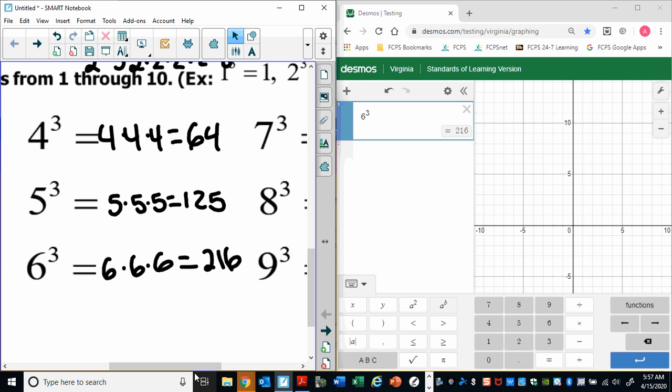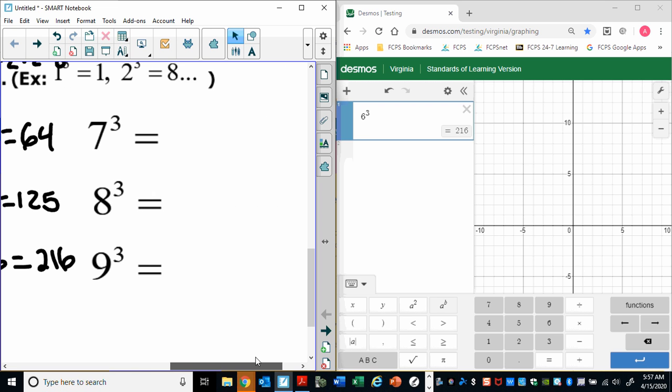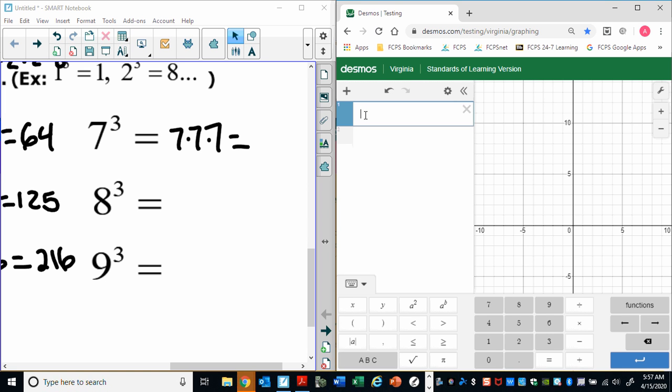And then this is just so you guys, when you see something like this on the test, you don't get freaked out. Remember, 7 to the third power is 7 times 7 times 7, not 7 times 3. And it's going to equal 343.